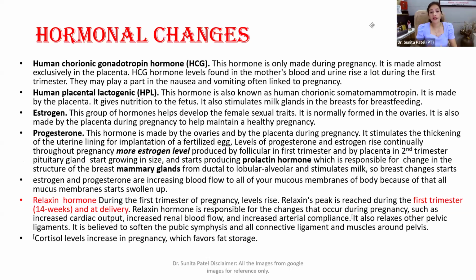Estrogen and progesterone increase the blood flow towards all the mucous membranes of the body, and more estrogen and progesterone can cause swelling of the mucous membrane. So wherever we have mucous membrane, it will start getting swollen. In the reproductive system, which area has a mucous membrane?